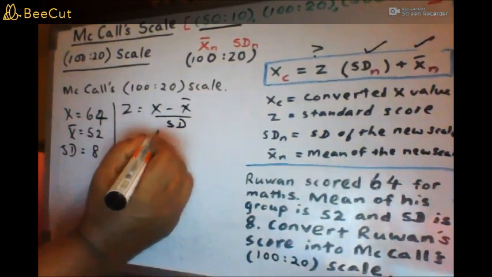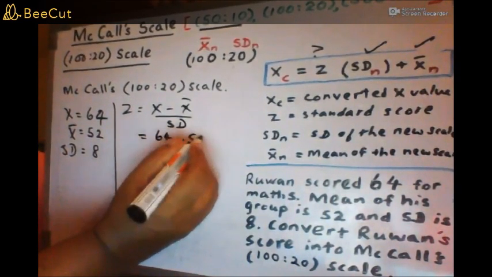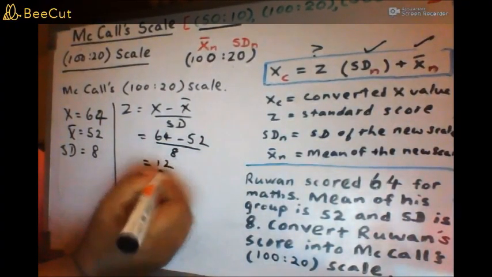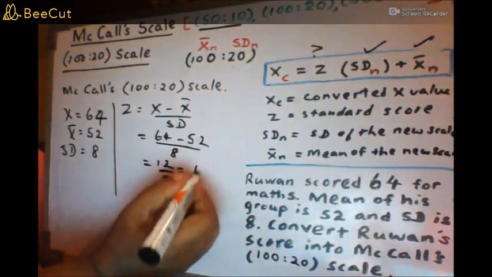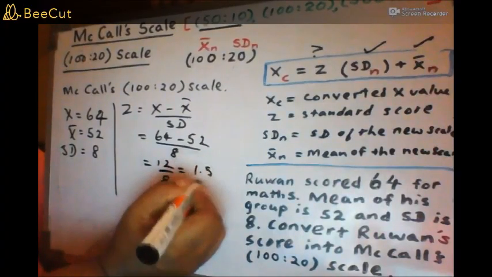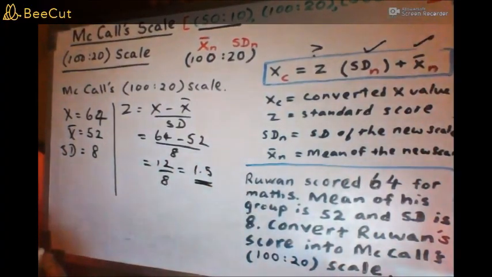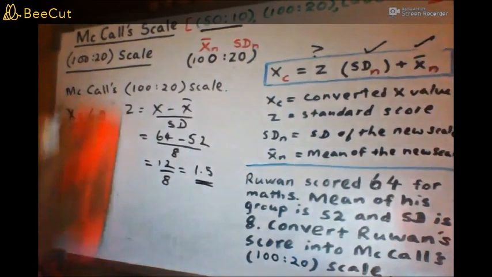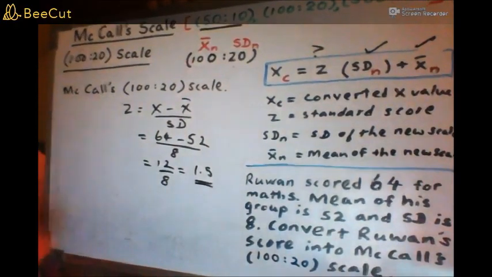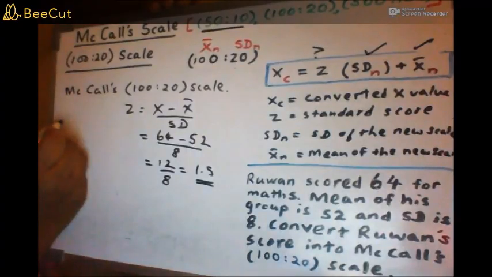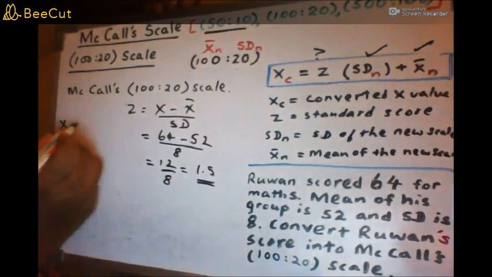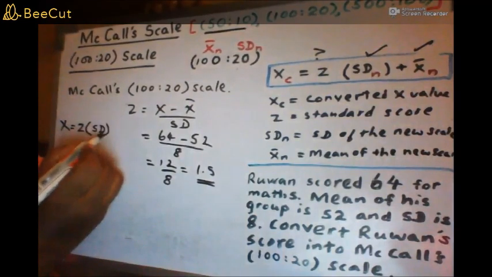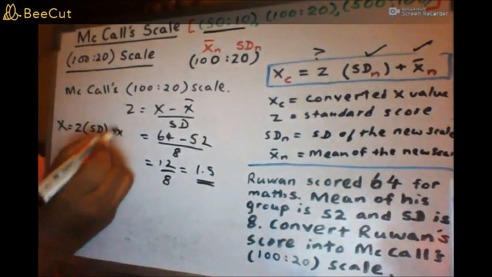Here x is 64 minus 52 divided by 8. 12 divided by 8 is 1.5. So Z is 1.5. Then you apply 1.5 into that formula: x equals Z into standard deviation plus x bar.